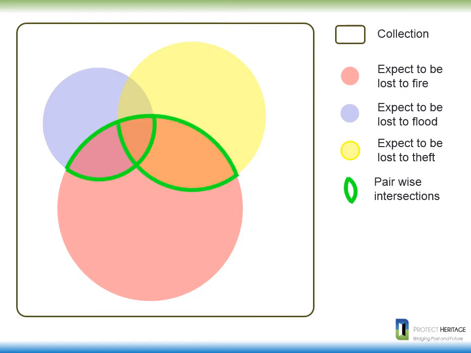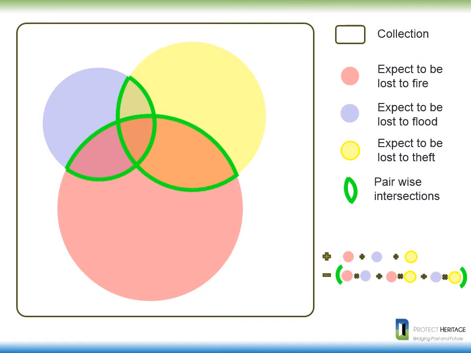Similarly, we can identify the pairwise intersections of fire and theft and of flood and theft. Simply adding these 3 risks together would result in double counting of all of these areas of intersection, so they would need to be subtracted from our result, as we see here.